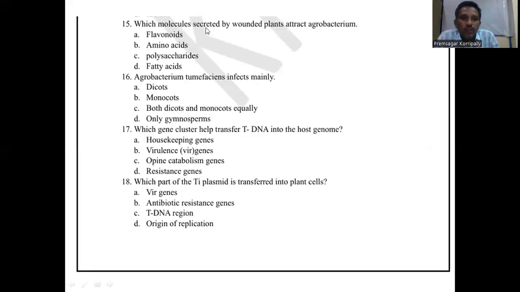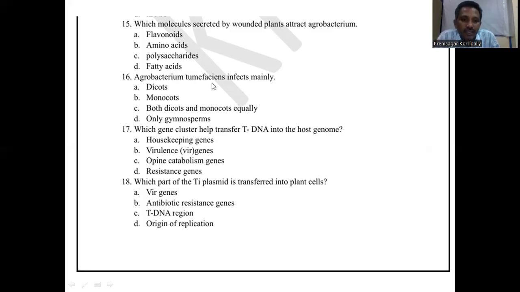Which molecules secreted by wounded plants attract Agrobacterium? Flavonoids, amino acids, polysaccharides, and fatty acids. Basically, the answer is not given properly here, but we can say polysaccharides and acetosyringone.